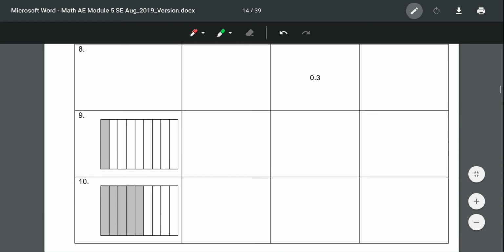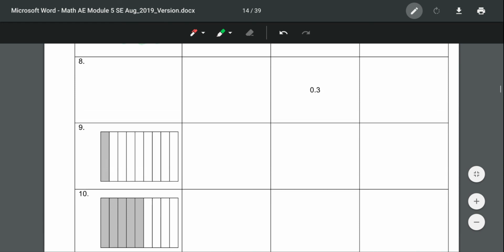Okay, number 8, you have 0.3. So 0.3 is actually 3/10. As a percent, you move the decimal 2 places to the right, and that would be 30%.